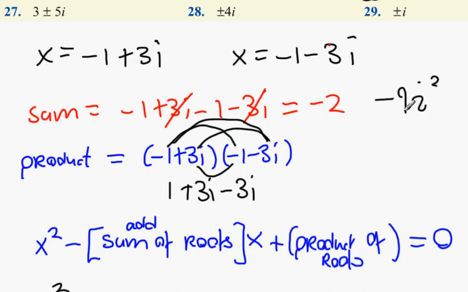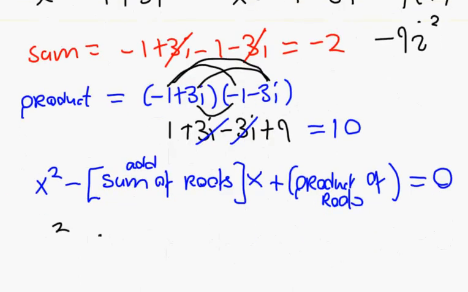Now, what's i squared? Minus 1, so it's plus 9. Now, what happens to the 3i's? They cancel. And what's 1 plus 9? 10. So first of all, here's your answer.